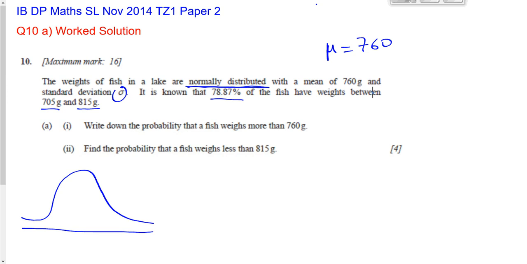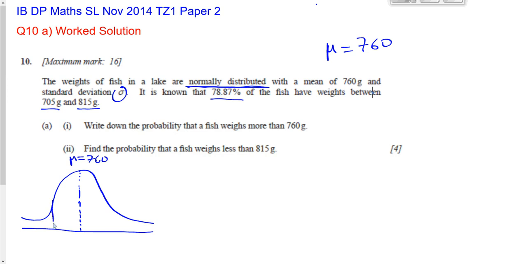With the information that we have, we know that the mean, the middle of our curve, is equal to 760. We also know that between 705 grams and 815 grams represents 78.87% of our data.